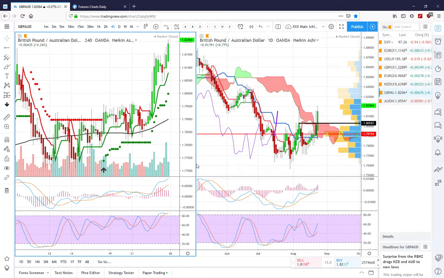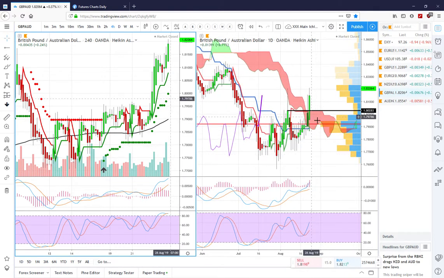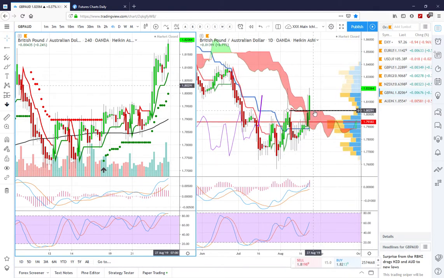I can have that on my watch list. Pound Oz is an interesting one because Pound Oz has broken out above the Kumo here, but the Kijun stayed flat. So yes, you can trade this on the intraday, but you've got to be mindful that this could be a pullback.